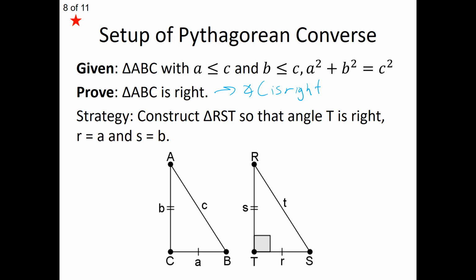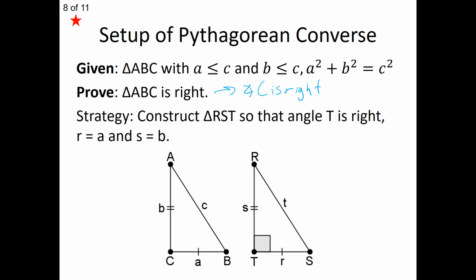So I've constructed angle T as a right angle. Then with the ruler postulate, I'm allowed to measure. So I'm going to measure side A and duplicate it so it becomes side R. I'm going to measure side B and duplicate it so it becomes side S. And then I'm going to simply connect R to S, thus forming a right triangle, and label our hypotenuse as T. So that's where we have this second triangle from.